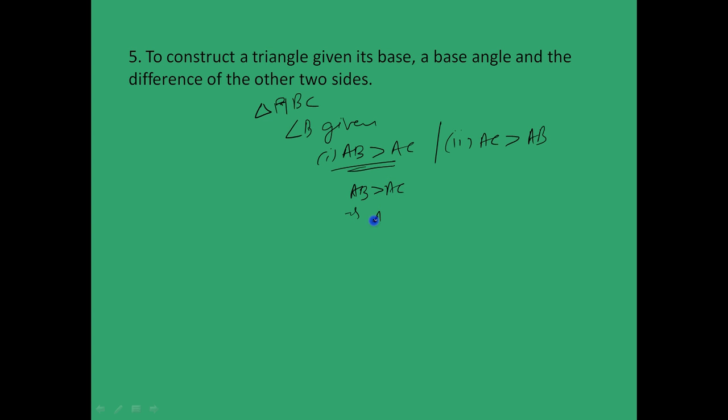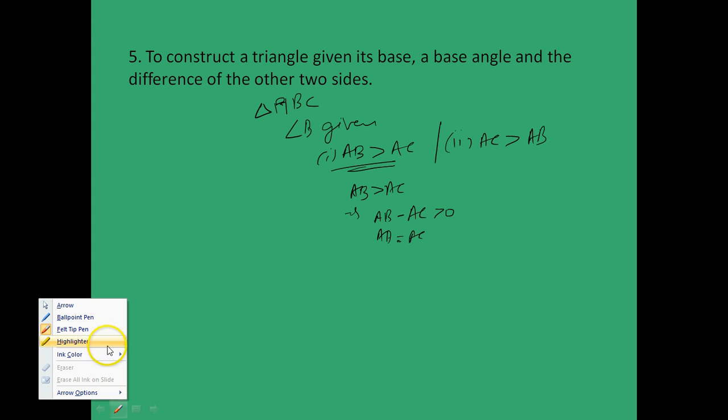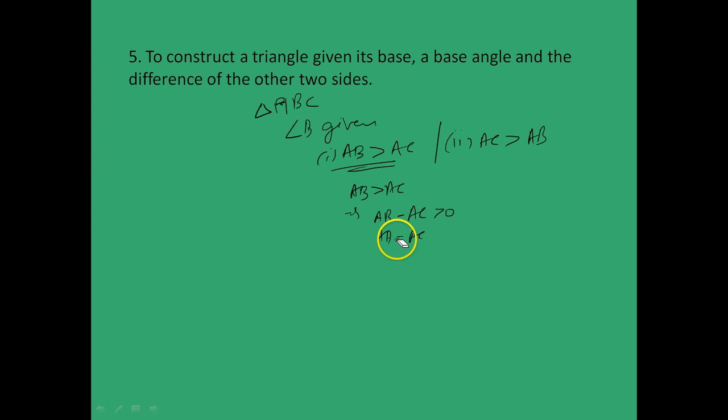This implies AB minus AC is greater than 0, and AB minus AC is equal to a, which is in turn greater than 0, given. We'll discuss the other case after we're done discussing this one. So first of all, start with base BC, then draw out the difference.